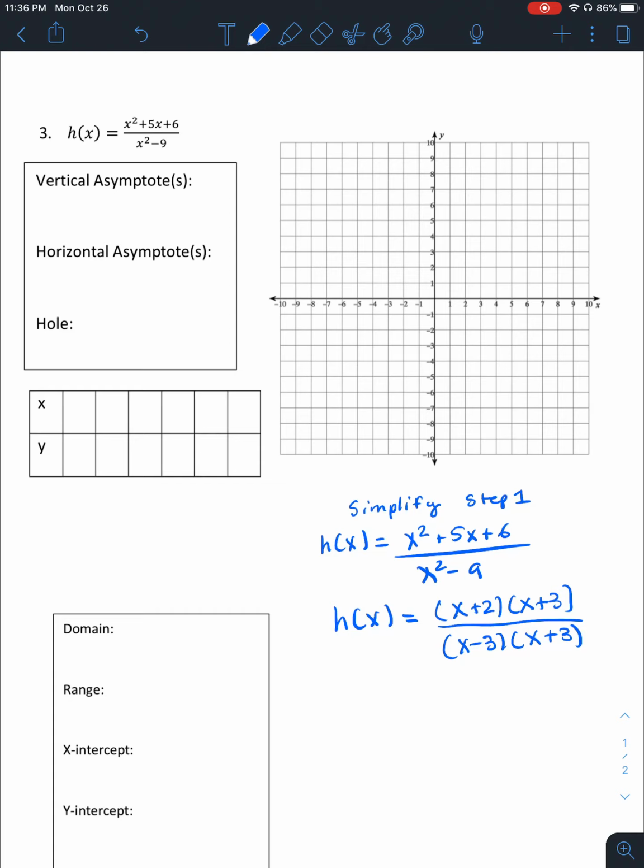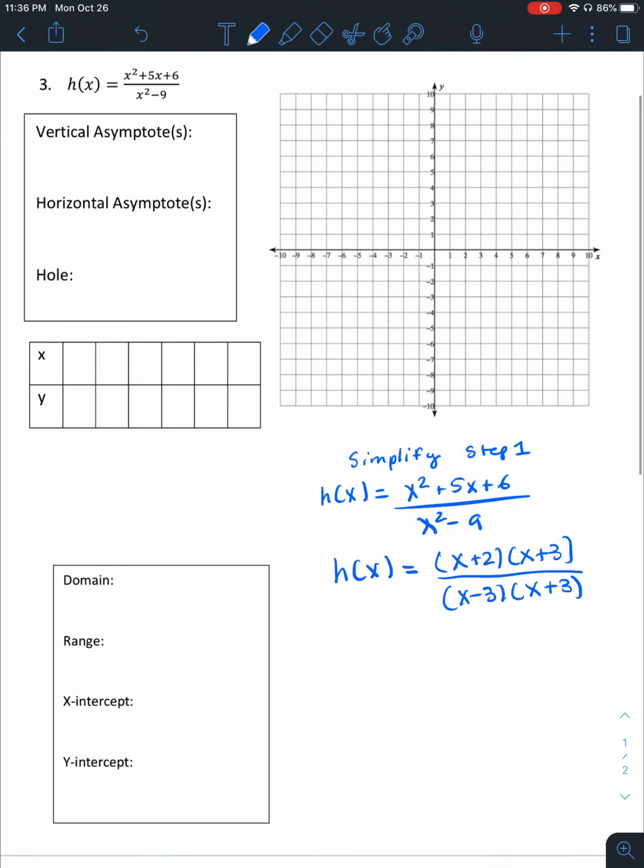But before we talk about that, let's talk about what makes this function undefined. When something is undefined, it means having 0 on the bottom. So if I ever write 1 over 0, or 5 over 0, or x minus 3 over 0, these are all undefined because you cannot divide anything by 0.